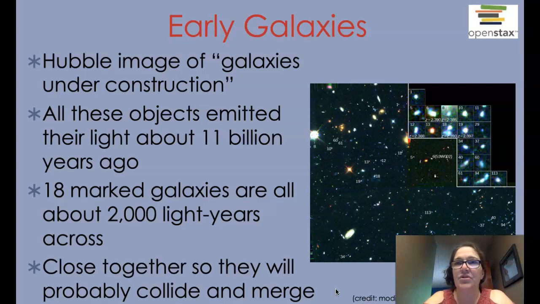They are in a region of space that's only about 2 million light years across. So in the intervening time, and because they seem to be gravitationally attracted to each other, they probably have collided and merged into a single galaxy. But because we are looking at them 11 billion years ago, what we see is the elliptical galaxy under construction, all the tiny little parts that will come together eventually to make an elliptical.